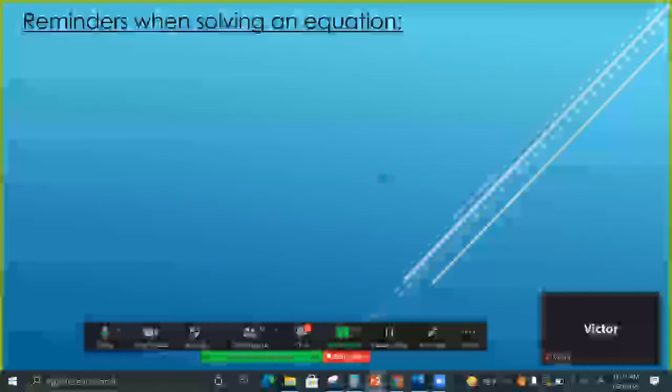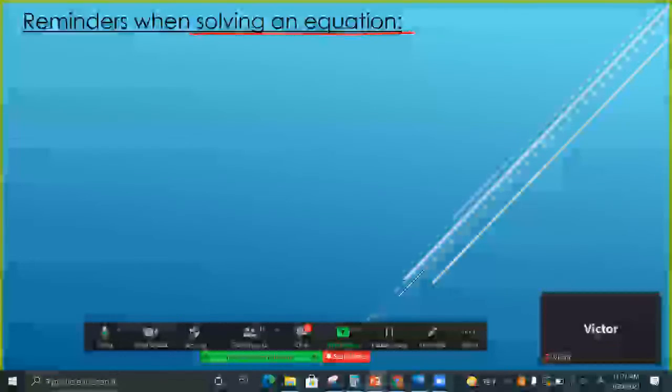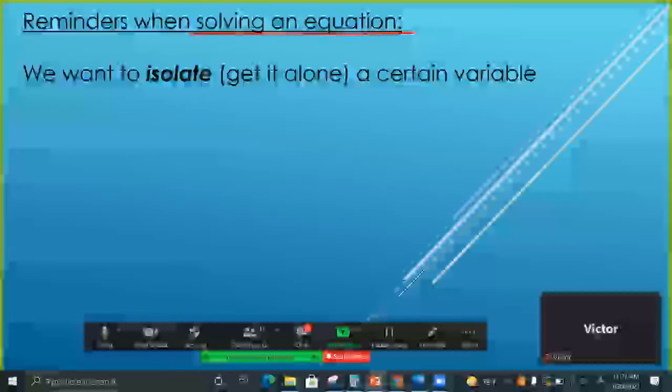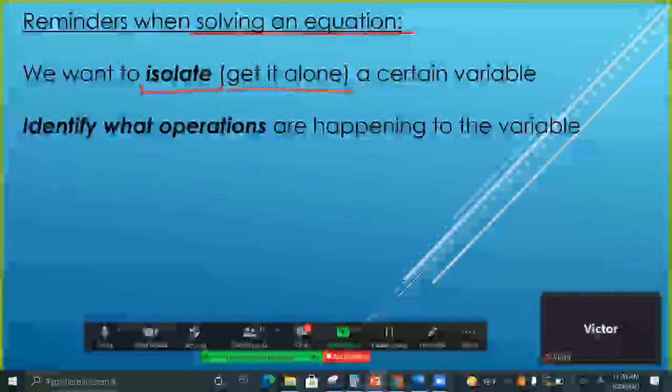Okay, a few reminders to everyone about solving an equation. We've been doing this for a few days. We want to isolate a certain variable. When you hear solve an equation, this is what we mean: isolate, get it alone. Usually it's like get x all alone, right? Or get y all alone. How do we do it?